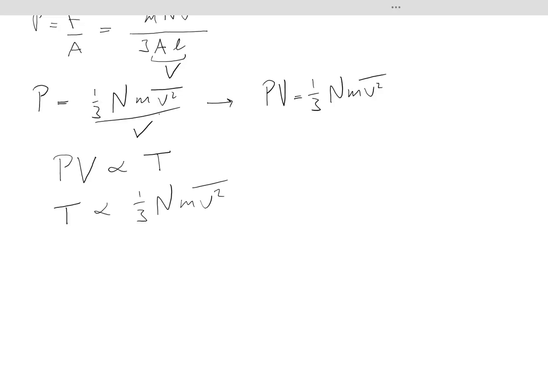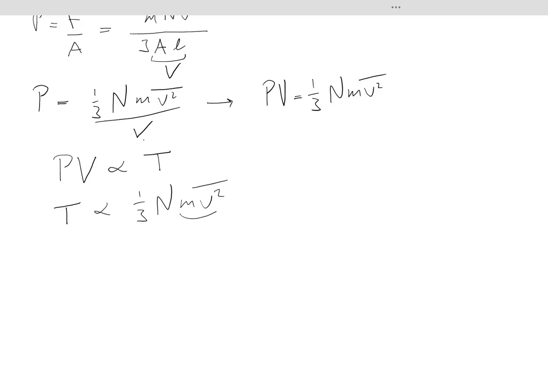Now, the number of particles is just how many are in there. That could affect the temperature, but we see something pretty big here, because mv squared, that's a kinetic energy term.